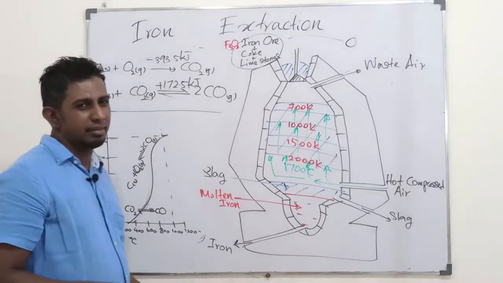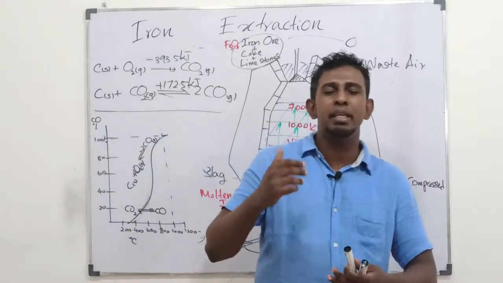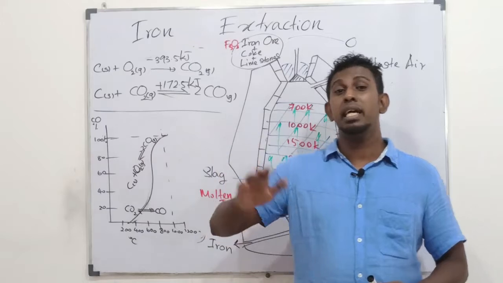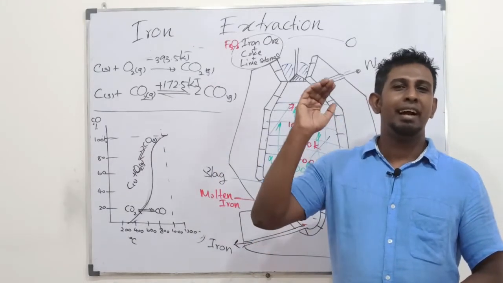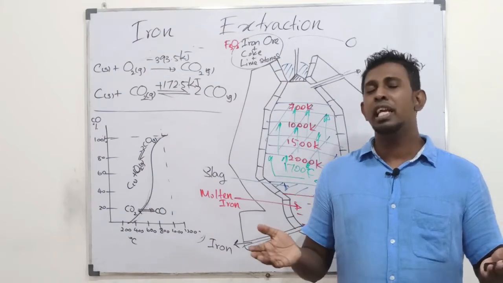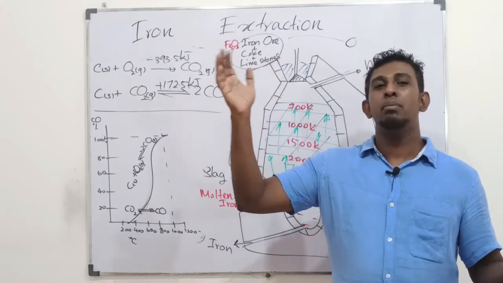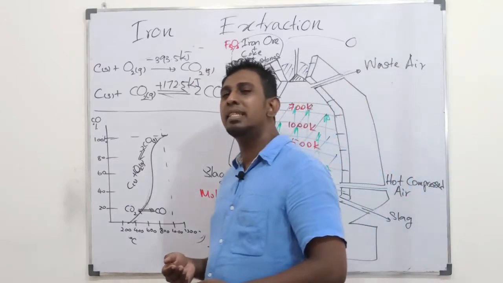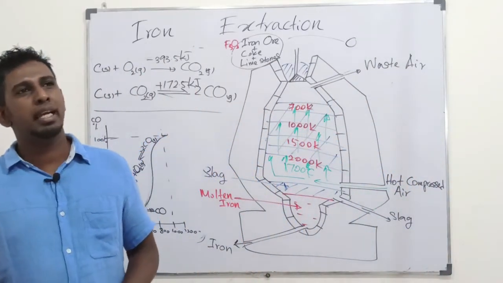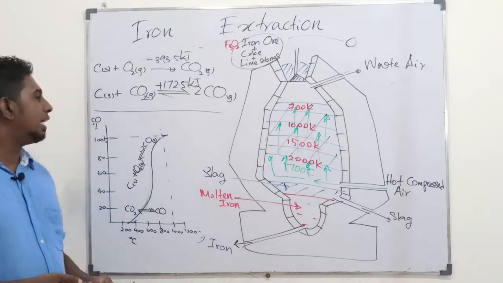So you would show the stability of carbon monoxide and carbon dioxide with respect to temperature. Students, at high temperatures you could expect a greater carbon monoxide composition, and at lower temperatures it is less carbon monoxide and more carbon dioxide.